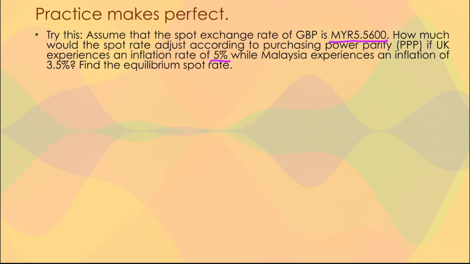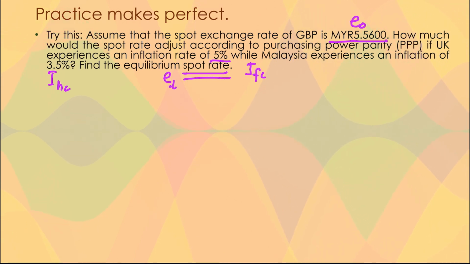This one is the inflation of the foreign currency. While Malaysia experiences an inflation of 3.5%, this one is the inflation of the home currency. Find the equilibrium spot rate. So here they want to find Et. This one is E0.